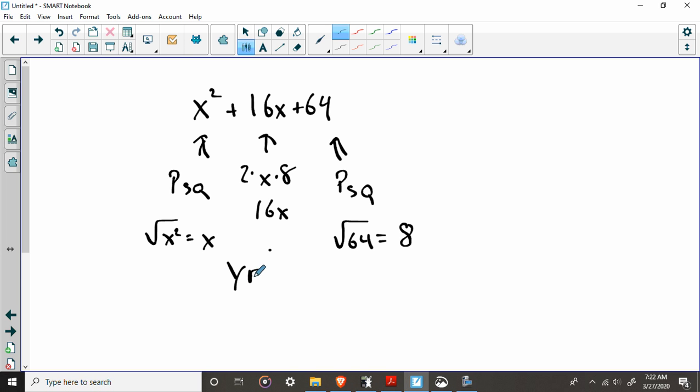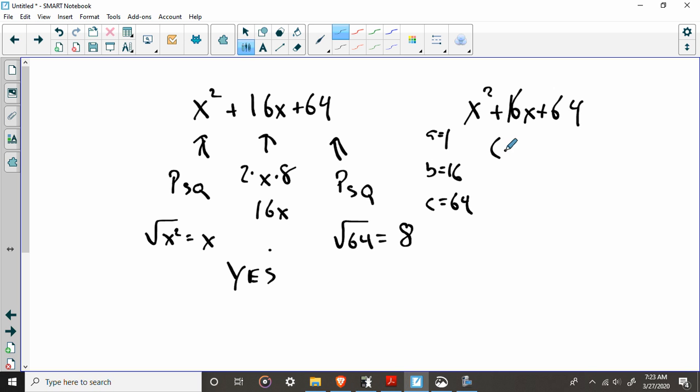So is this a perfect square? Yes. Okay. Now, for those of you guys who are in algebra, again, you could just factor this like anything else. Say, hey, well, a is 1, b is 16, and c is 64. What are my factors of 64 that add up to 16? It's x plus 8 and x plus 8. Okay?